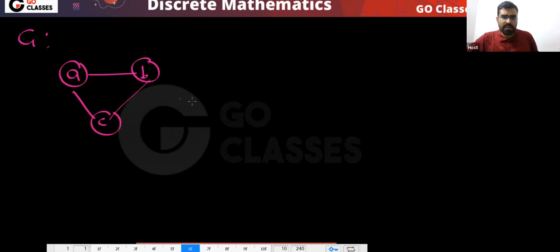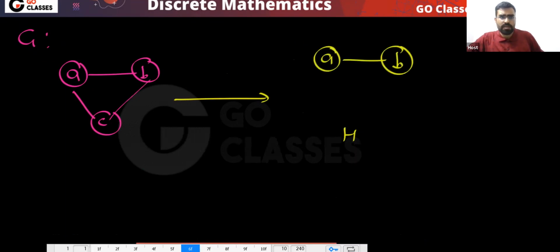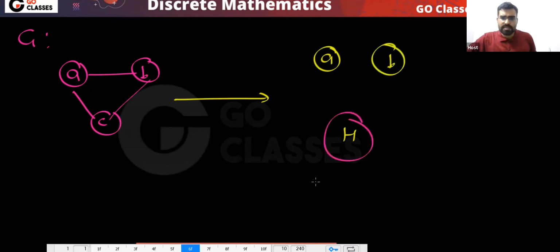For example, let me take this graph G with vertices A, B, C. From this graph, let me create a graph like this. Tell me, this graph H, what is this? This is a subgraph.